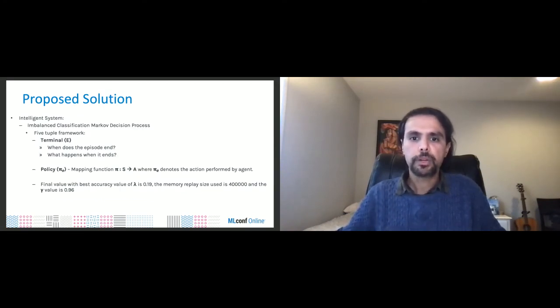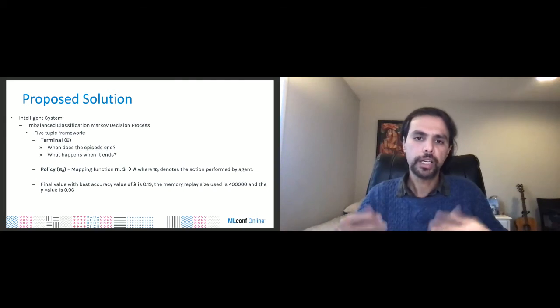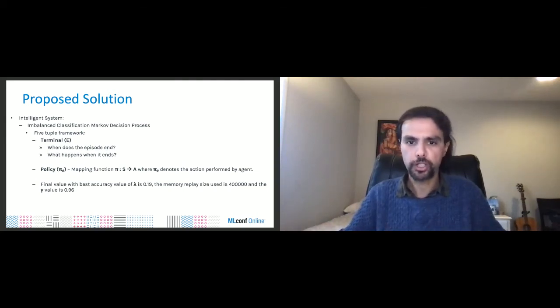So basically just some information on the parameters here. This gives us information around how the intelligent system was designed. It's an imbalanced classification Markov decision process. In this case, we have a terminal E, which simply defines when the episode ends and what happens when the episode ends.